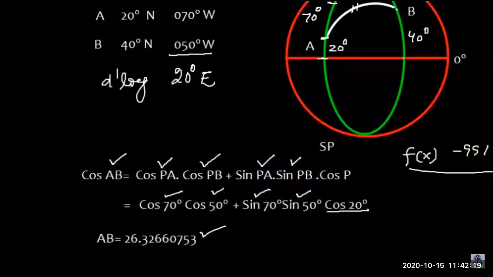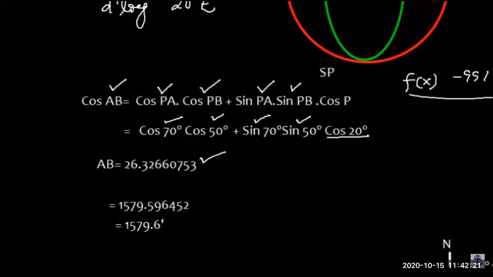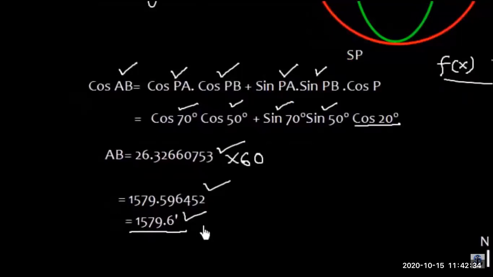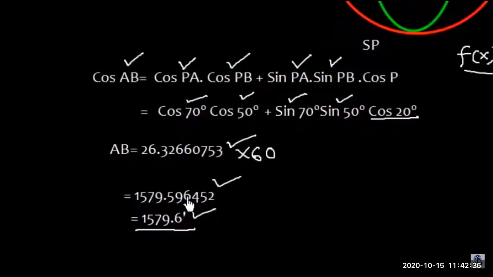It's advisable to use the maximum digits, and then we multiply by 60. So this is 26.32 degrees, and we get 1579.6, and now we can round off. It is the great circle distance, 1579.6 miles, or approximately 1580 miles, you can say.